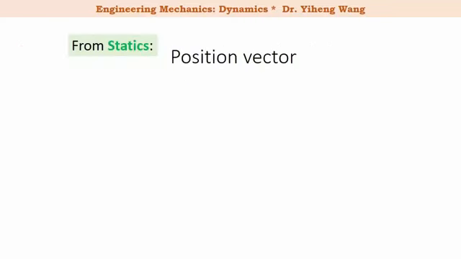If you recall from the statics course, the position of a particle can be represented by the position vector. To do that, we need to first establish a reference coordinate system. In this case, a 3D XYZ rectangular coordinate system.